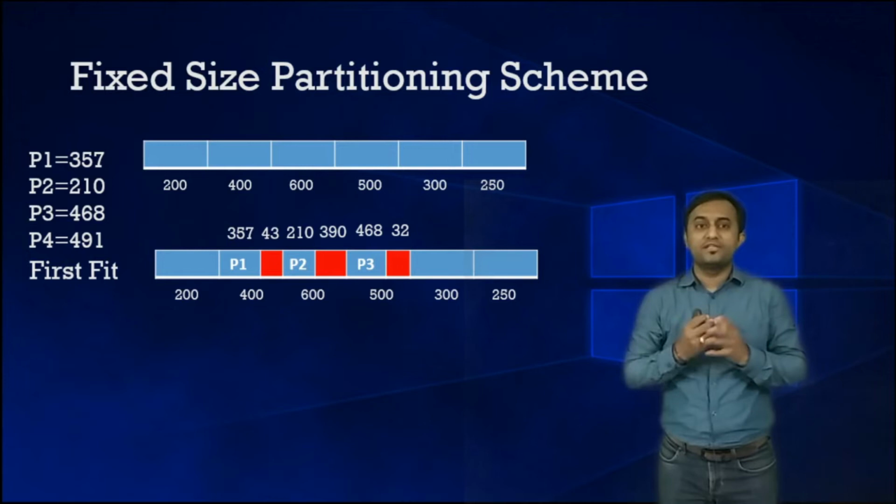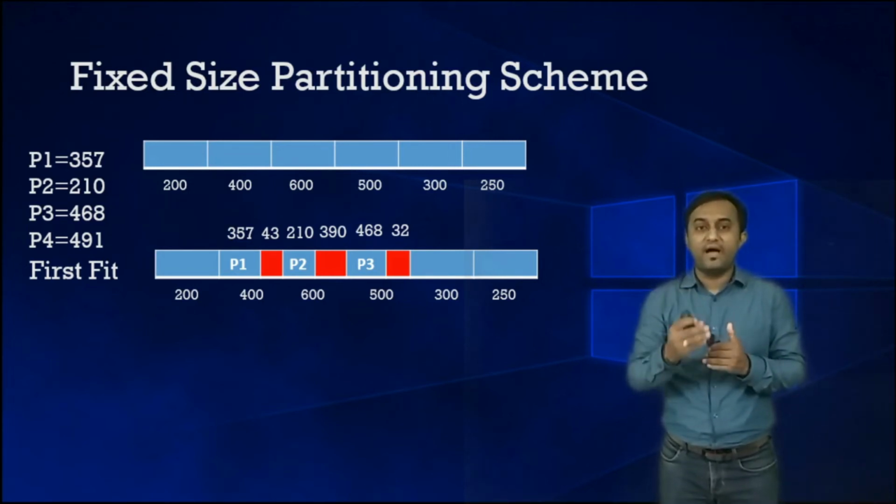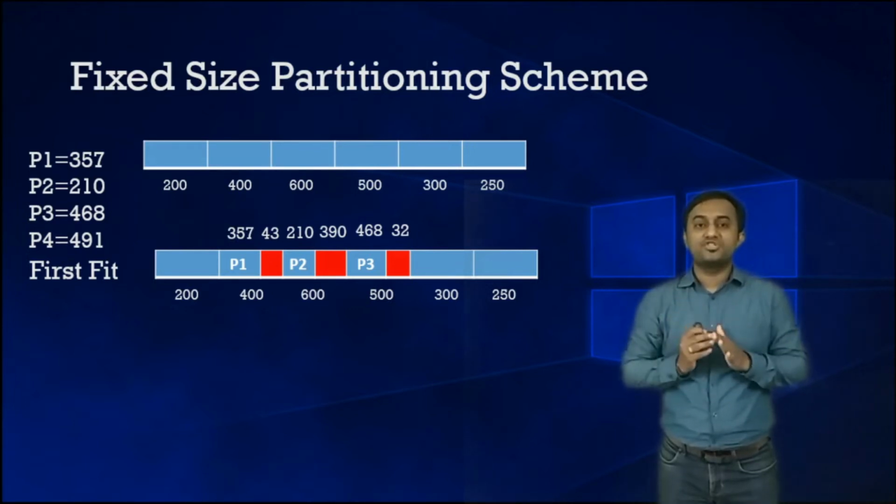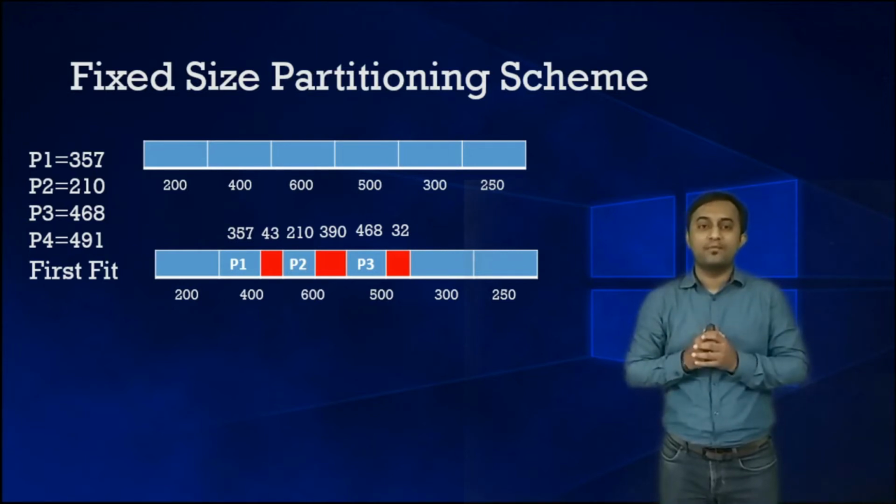As we have discussed already in the previous session, the first fit algorithm starts its search from the initial position towards the first capable enough block through which we can accommodate the requested process. Till that block, it will continue to search. Once it identifies the first capable enough block, it will stop searching and simply accommodate that process in that block. So let us discuss with respect to this example.